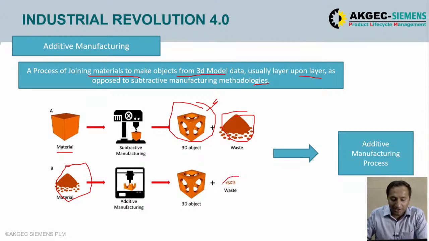Then there is very little waste. The advantage of additive manufacturing is that it is very easy, the waste generated is very little, and there are various types of material you can use to manufacture a product. Now let us start a video to see how the additive manufacturing process essentially works.